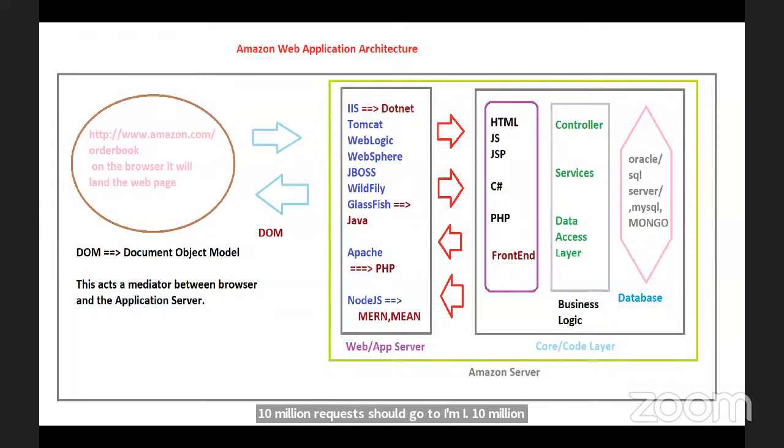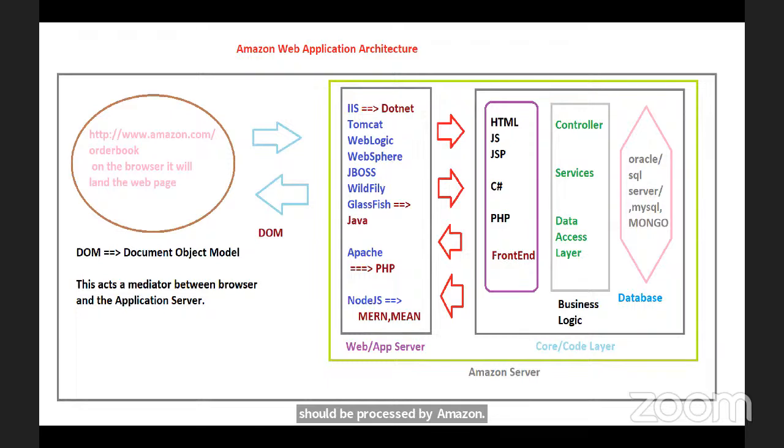For example, I am looking for IPL match. Someone is looking for devotional song. Someone is looking for political news. Someone is looking for some other things. 10 million people, 10 million different requests. 10 million should be processed by Amazon server.